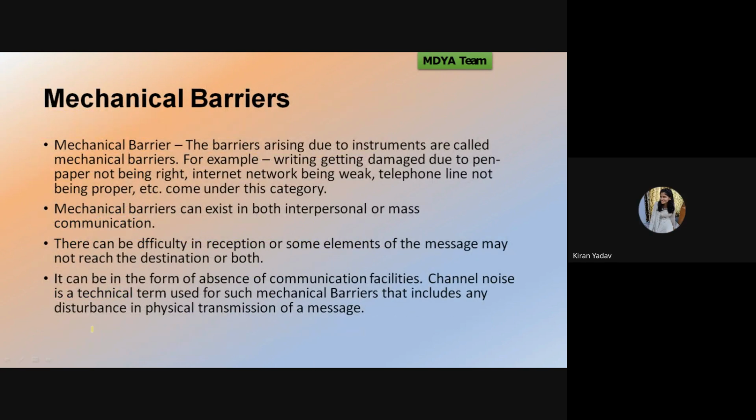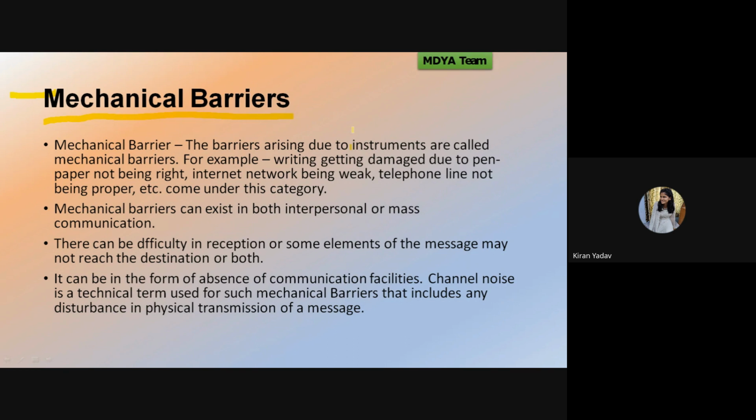Okay. Then next, mechanical barrier. Mechanical barrier is the barrier arising due to instruments. Any technical obstacle that acts as a barrier in the process of communication.